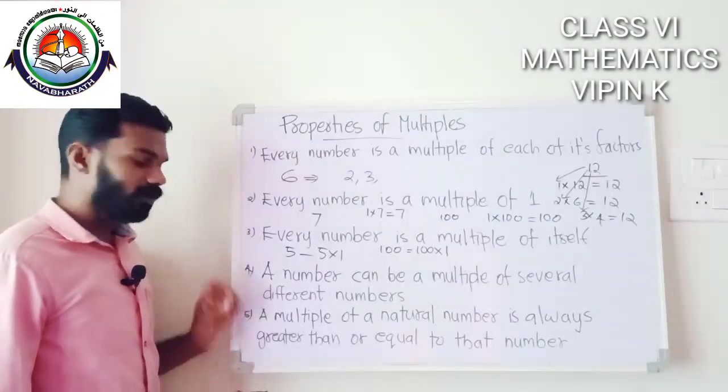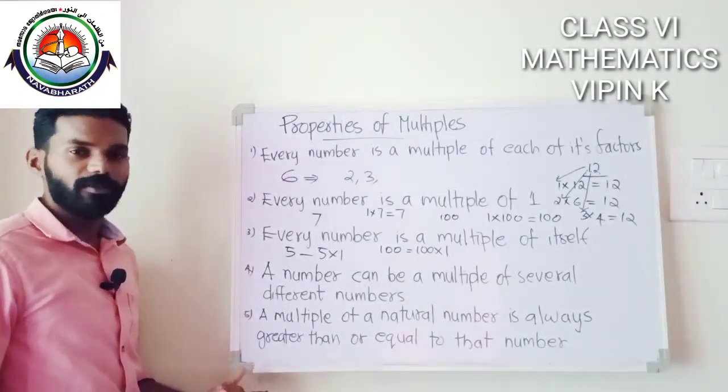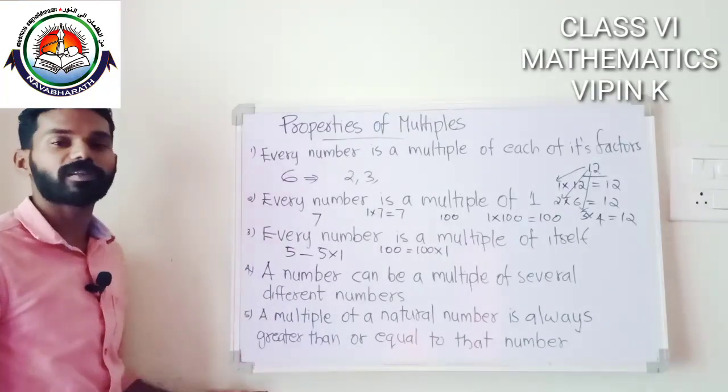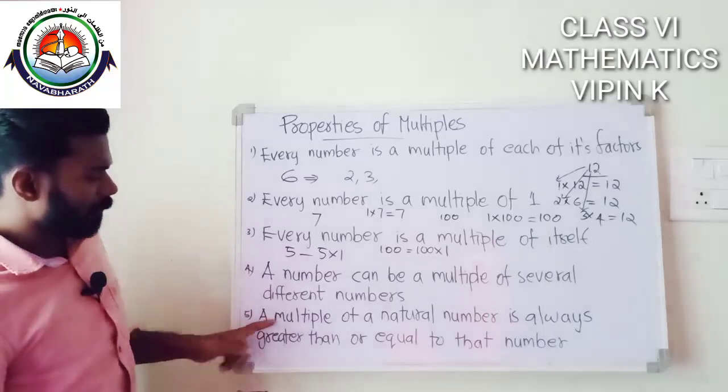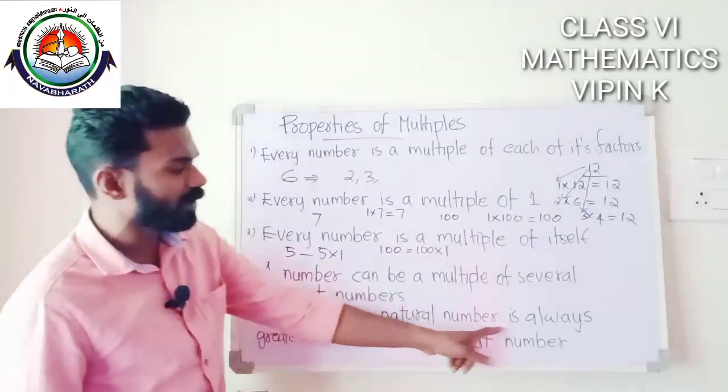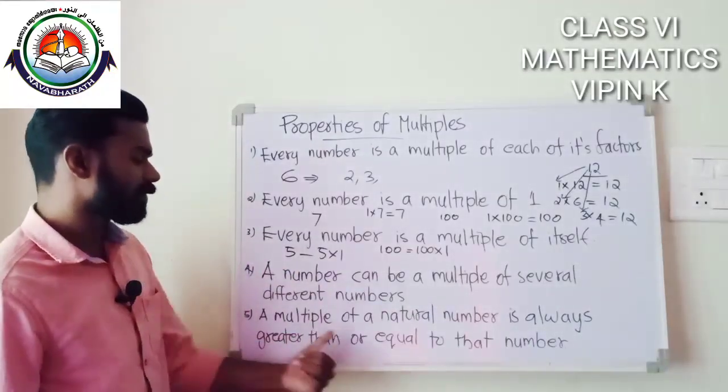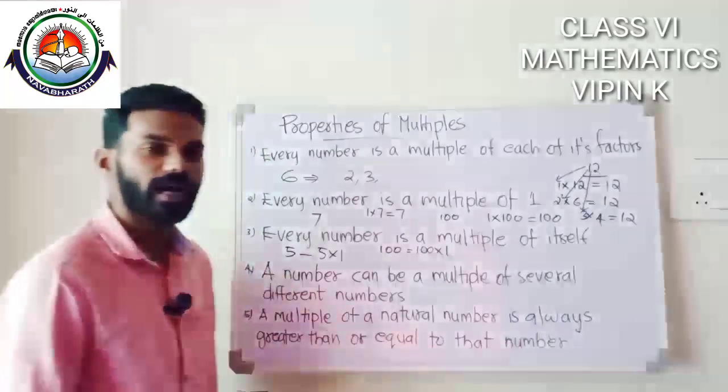Okay. Now the last and final point related to the properties of multiples. A multiple of a natural number is always greater than or equal to that number.